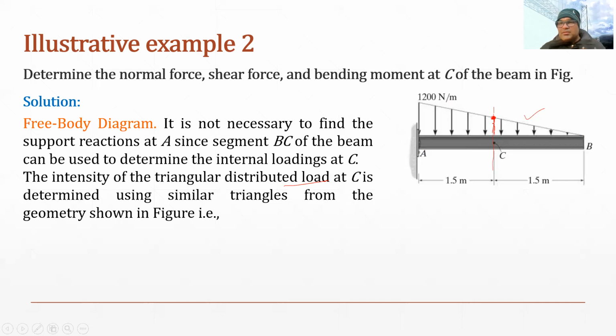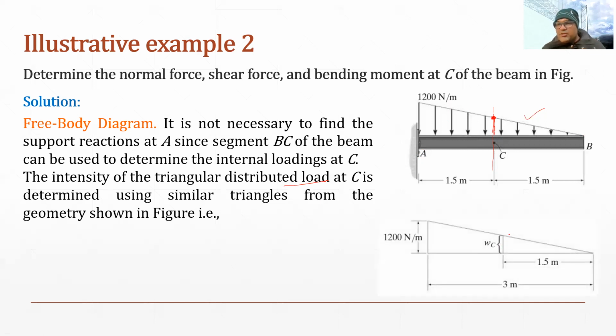So if we make a rough diagram like this, here you can see we need to find out this value. What will be this value? We already know that this value is 1200 Newton per meter and this value is 0. Also you can see that this triangle is similar to this triangle.